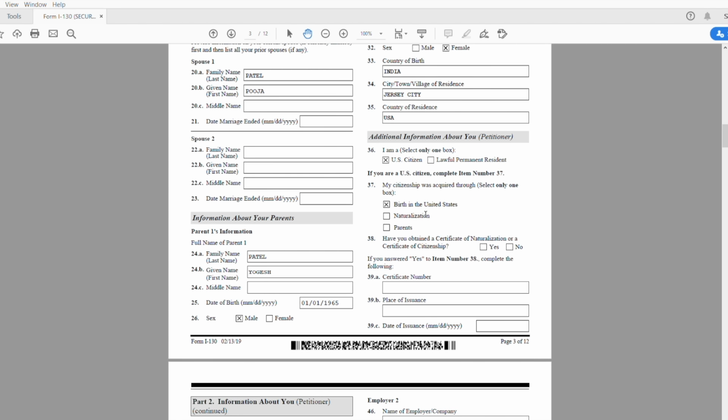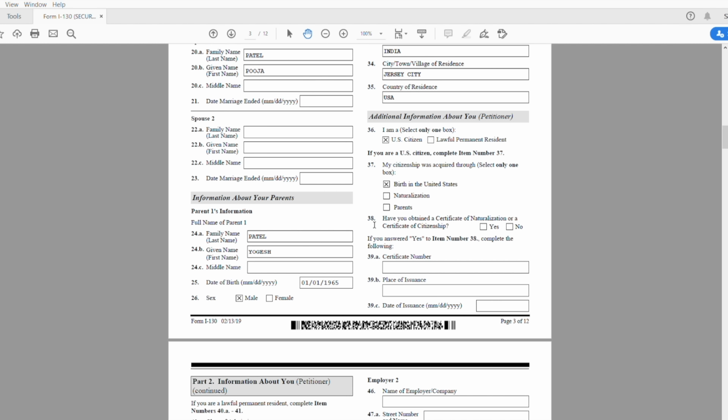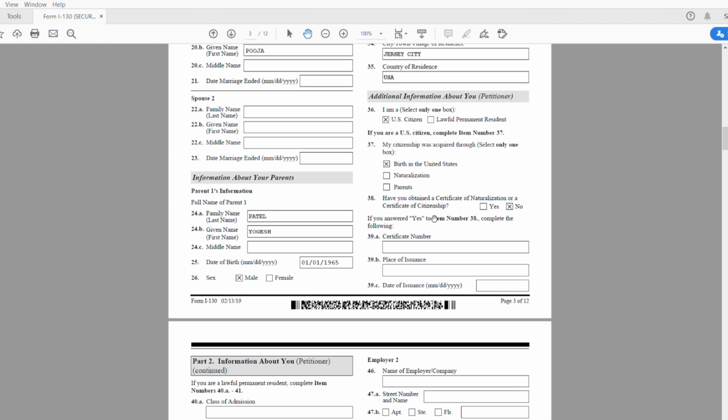However, if Ravi was naturalized, he would have to complete the following items. Number 38, have you obtained a certificate of naturalization or certificate of citizenship? Here, the answer would be no. If Mr. Patel was naturalized, you would indicate the certificate number, which again can be found on the top right-hand corner of your naturalization certificate, place of issuance, and the date of issuance, which are all available on the certificate itself.